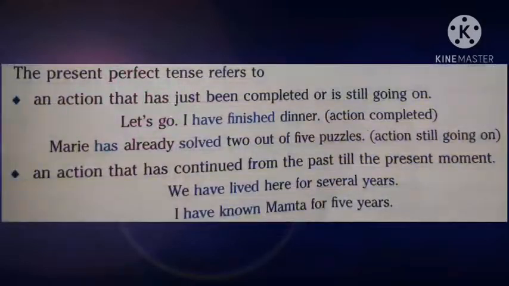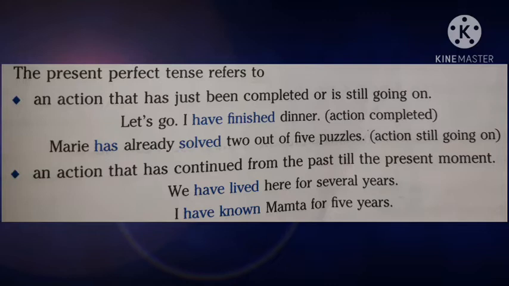Present perfect tense refers to an action that has just been completed or is still going on. Example, I have finished dinner. Here the action is completed. Second one, Mary has already solved 2 out of 5 puzzles.